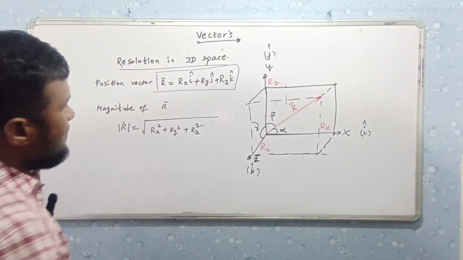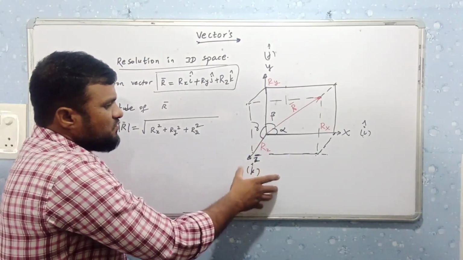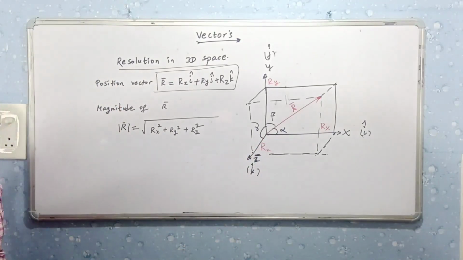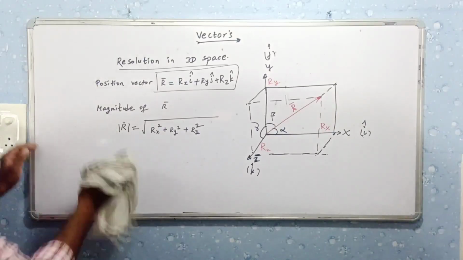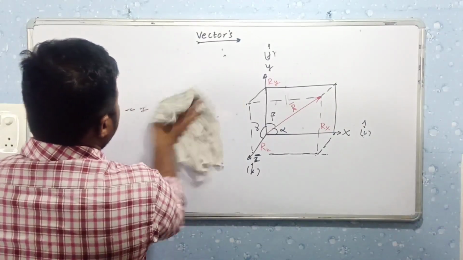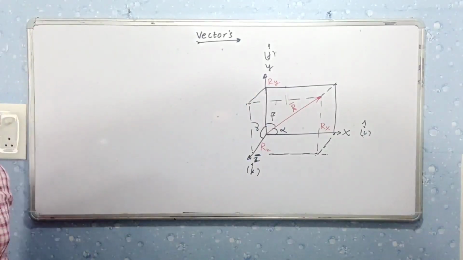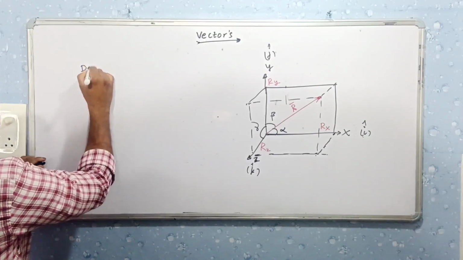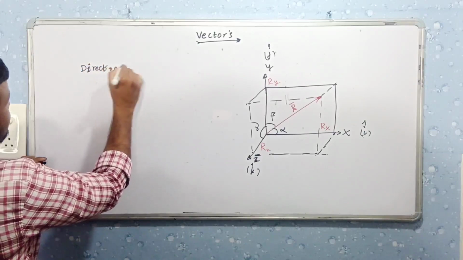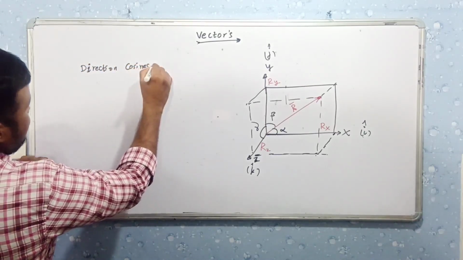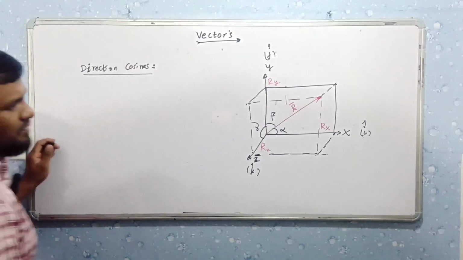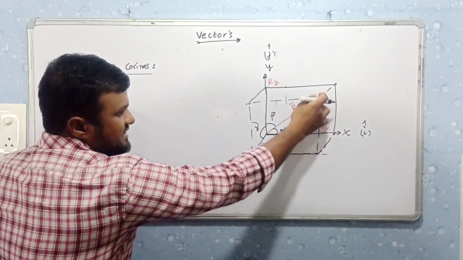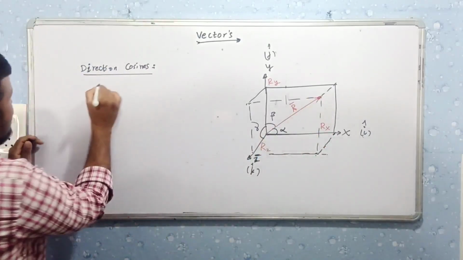Understand? Now from this we will discuss the concept of direction cosines. Please observe the right angle triangle along with the x-axis.